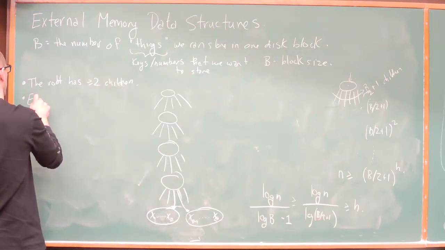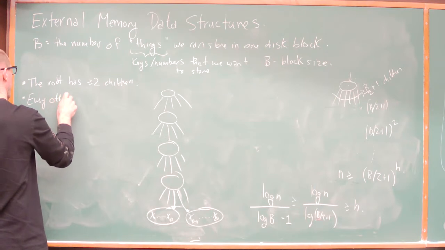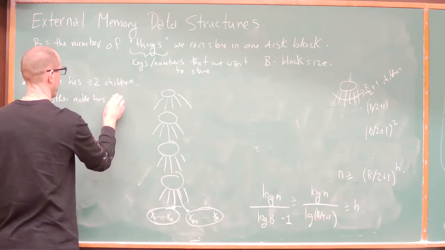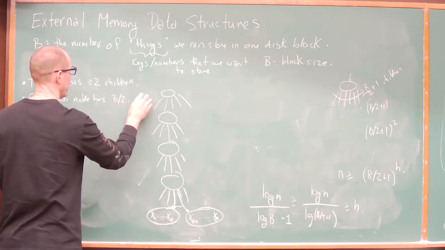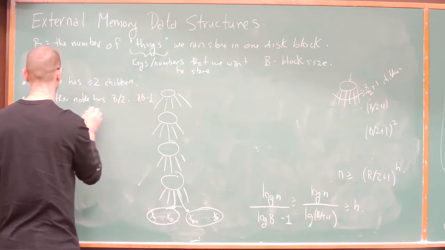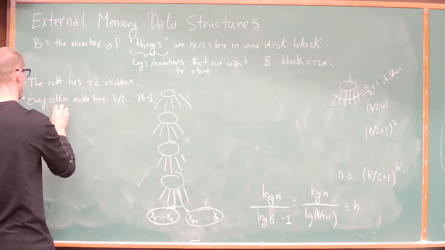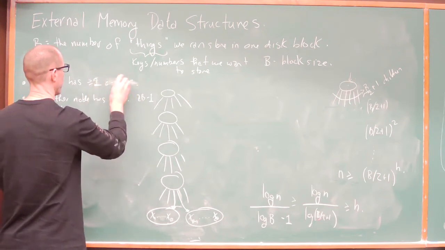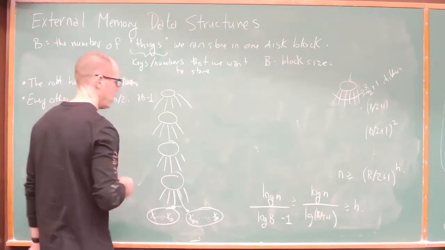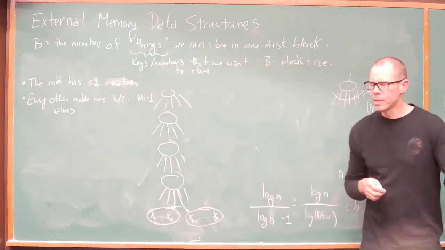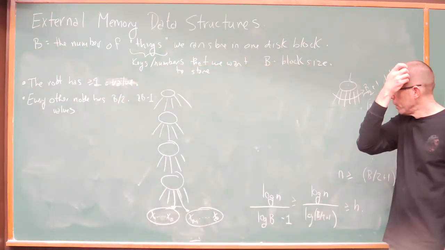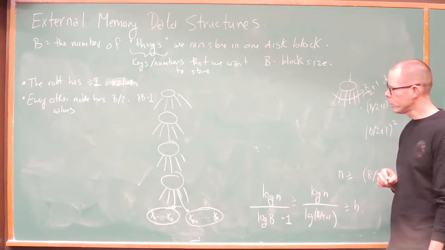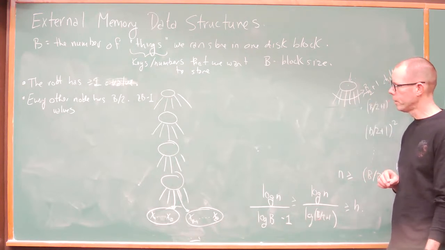Every other node has somewhere between b over 2 and 2b minus 1 children, or values, let's say greater than or equal to 1 value. So I think for most of you, this is not a new data structure, so we won't bother too much with all the details here.